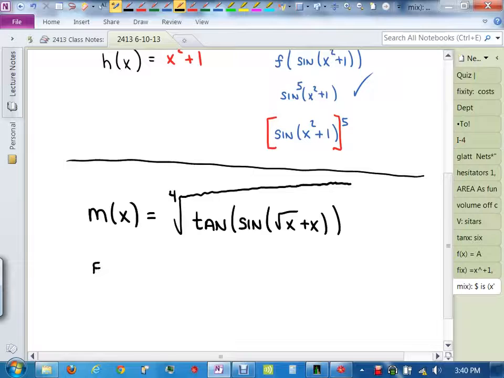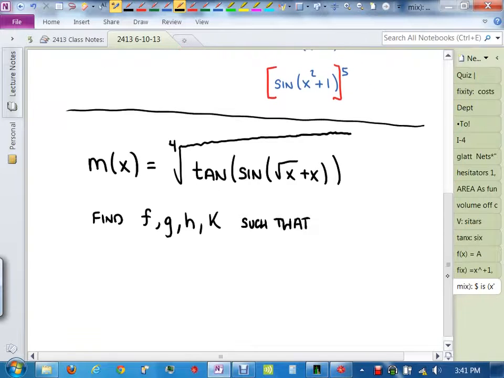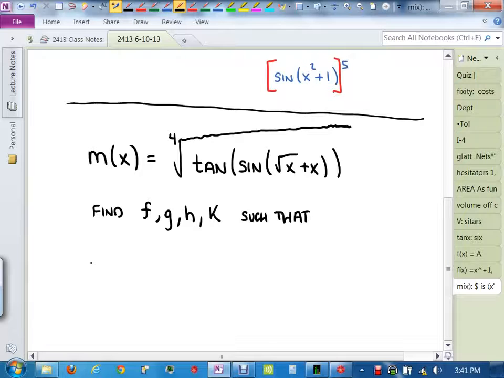Find f, g, h, and k such that M of x equals f of g of h of k of x.